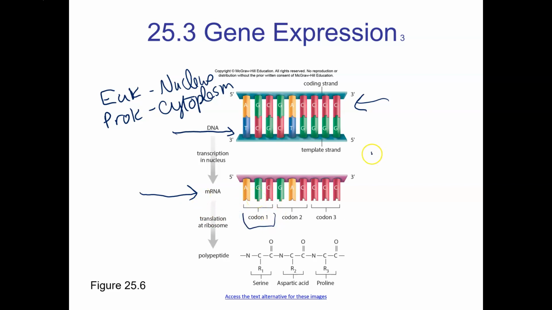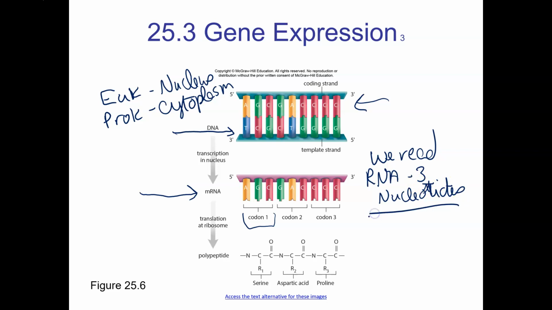So we read RNA in 3 nucleotides, and each 3 nucleotides is called one codon.